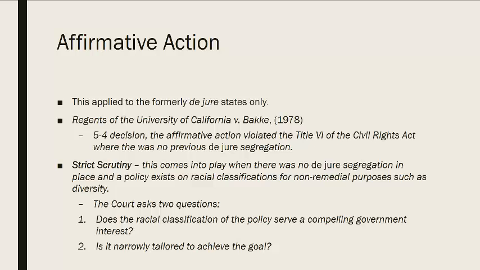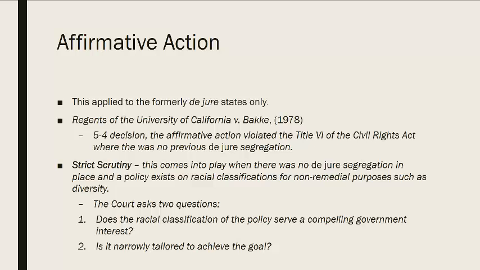So another important case that's going to come out of the 70s, and two important terms that we need to look at are affirmative action and narrow tailoring. Okay, so affirmative action, this applied formally to de jure states only, the 17 southern states where legal segregation had existed.